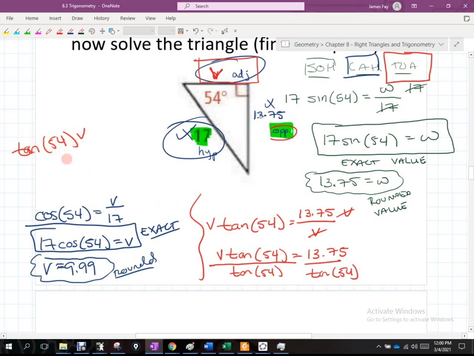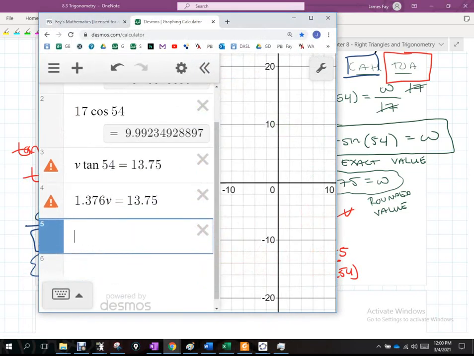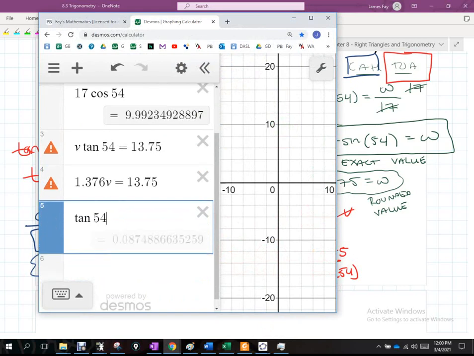But as you work into upper level courses, a lot of times the parentheses are removed, and you've seen me do this on Desmos a few times. If I go tangent 54, I don't have to put in the parentheses. The parentheses are useful notation-wise, but they're not needed. So if I put tangent 54 and then v after it, we don't know if that v should be in the parentheses or out of the parentheses.